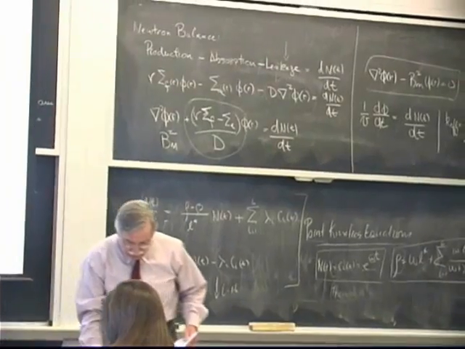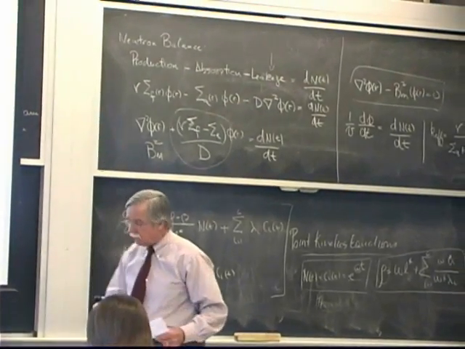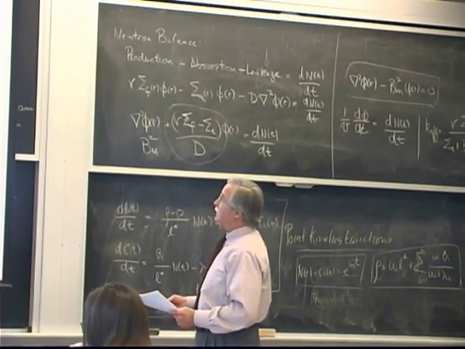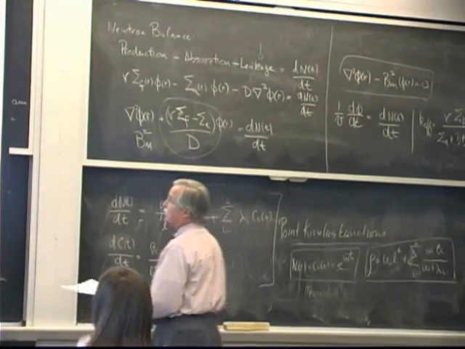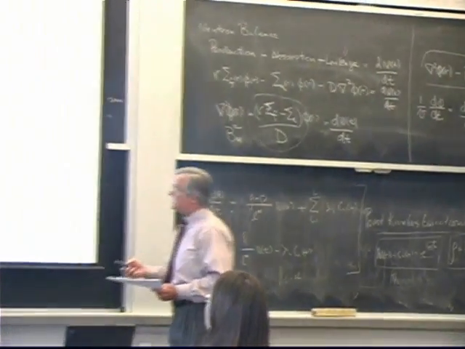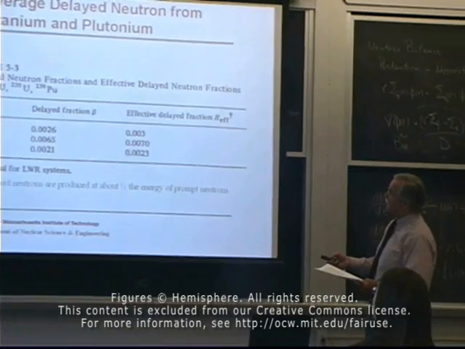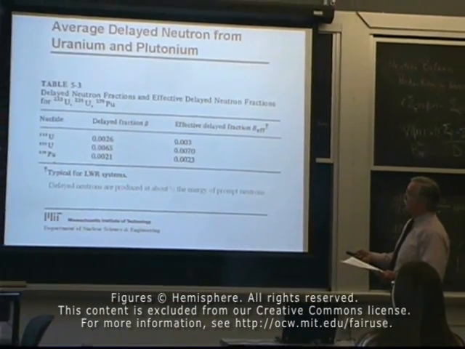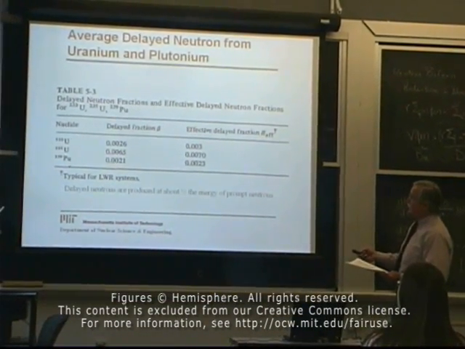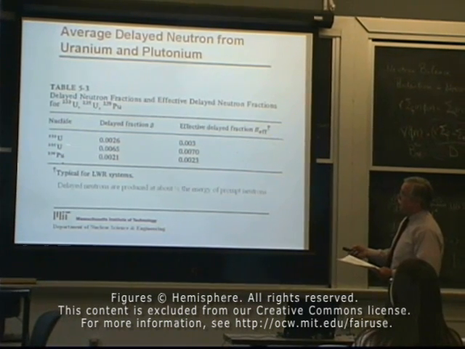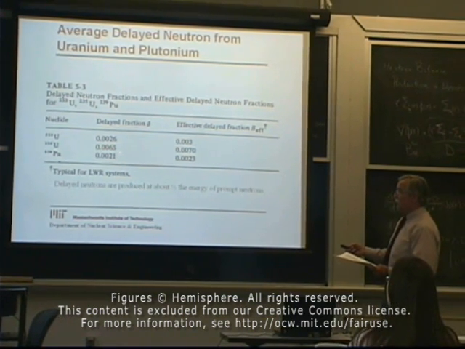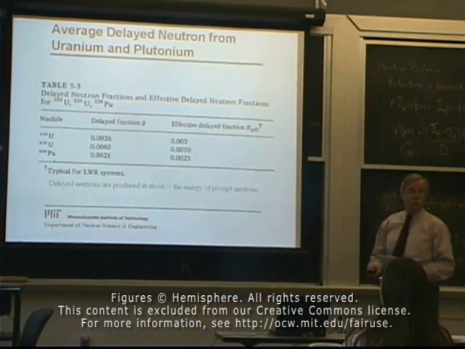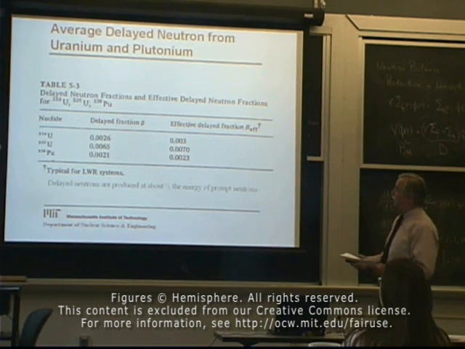Good. Now, if we look at some of the delayed neutron fractions from various types of fissionable nuclides. This is uranium-233, 235. You can see the delayed neutron fraction is fairly high for 235 and quite low for 233 and plutonium.